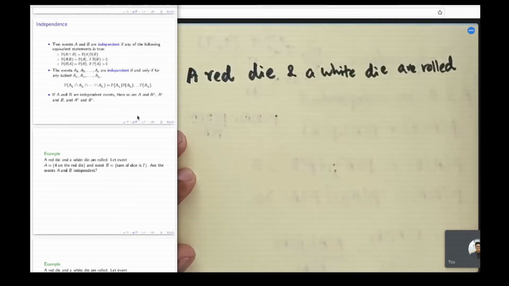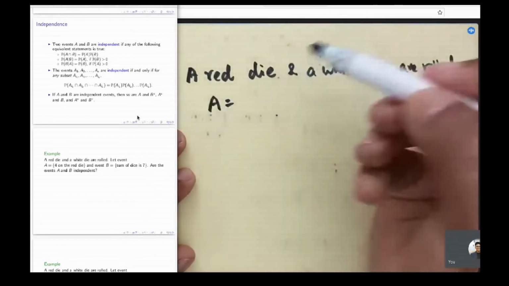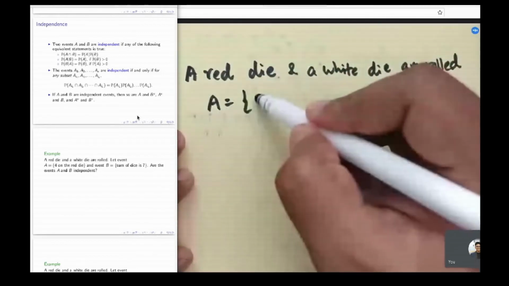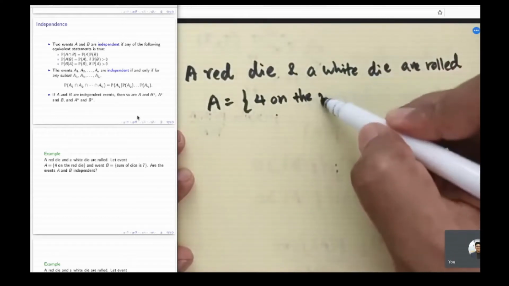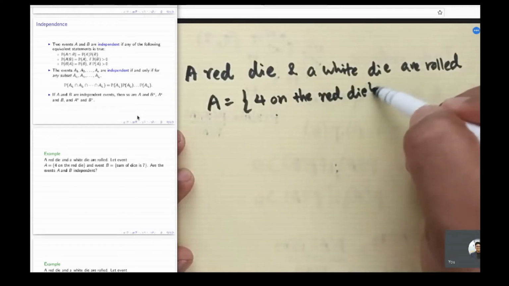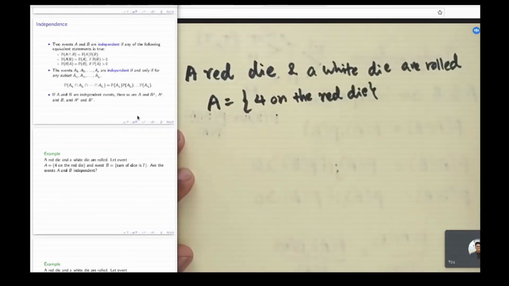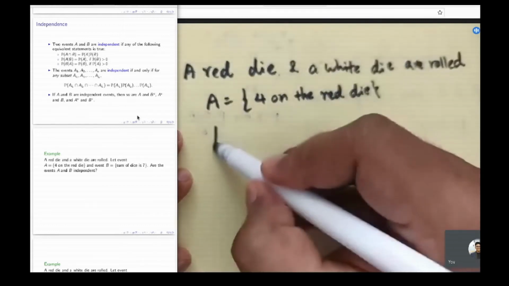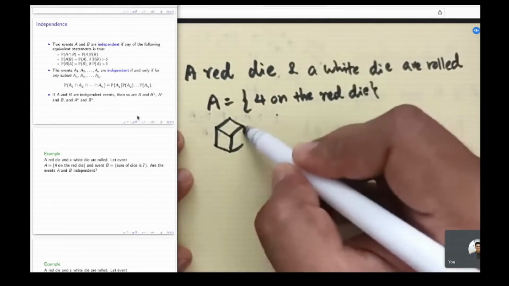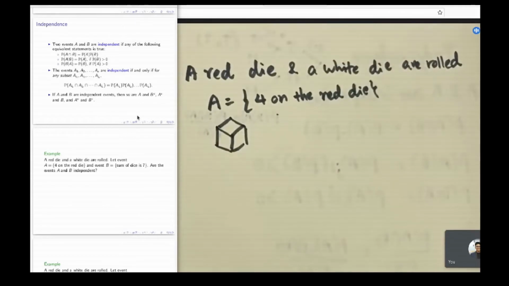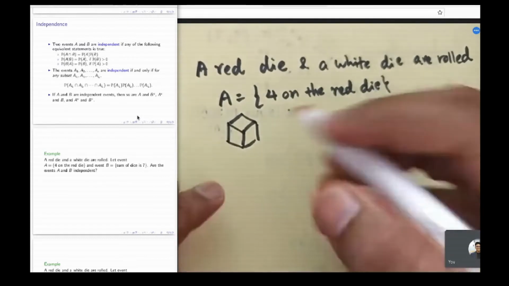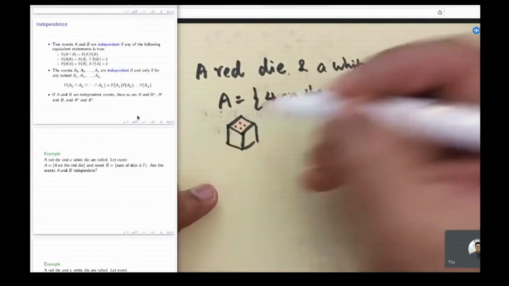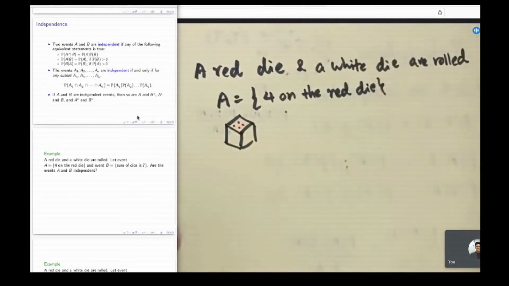Let event A be the event where you get 4 on the red die. So this means that you have, say, the die like this. This is the red die, and you get 4 on the top, so 4 on the red die.